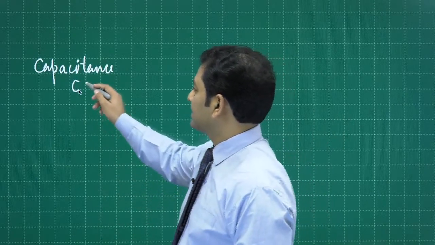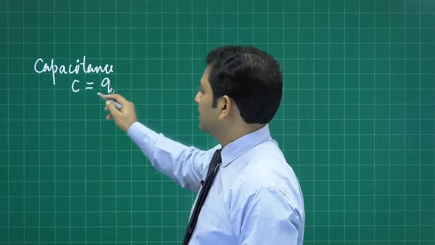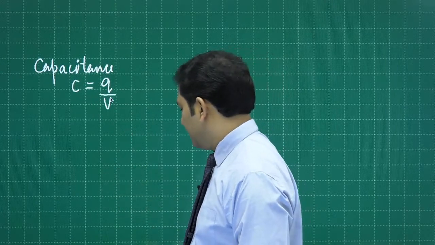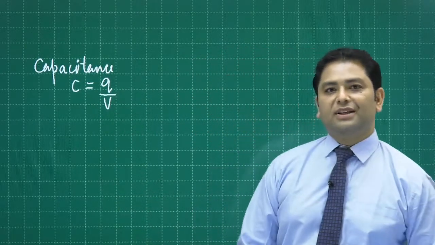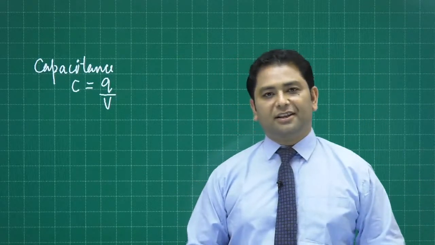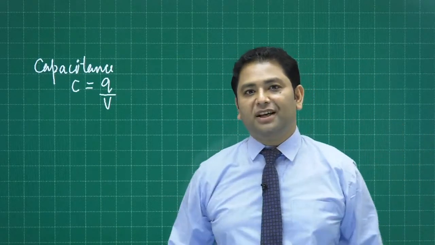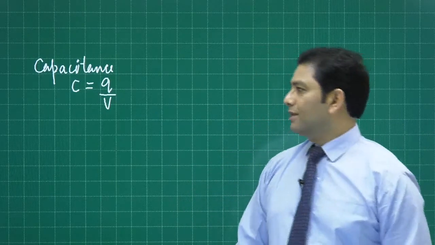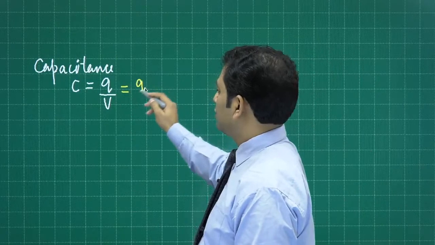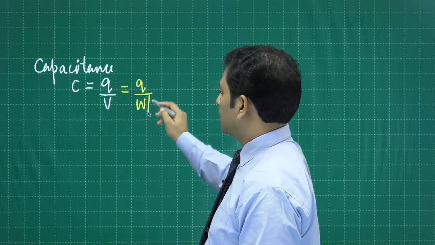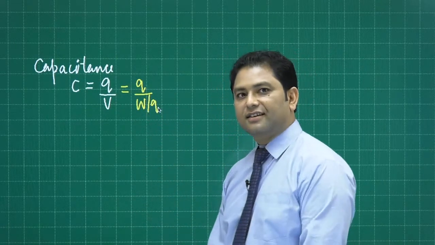Let's see, for capacitance, if you want to calculate the dimension, that is Q by V is the basic definition. It is not recommended you start with epsilon naught A by D, because then epsilon naught itself will be unknown. So Q by V, let's try to see. And this is equals to Q by potential, and potential is work done per unit charge, right?